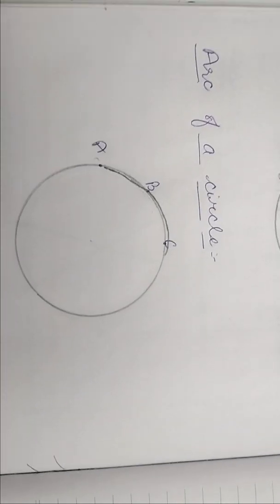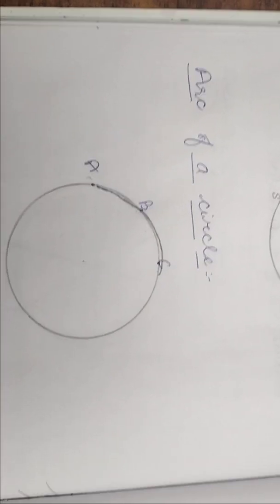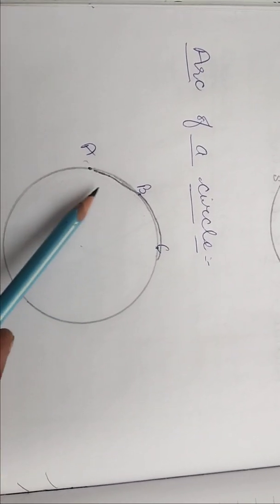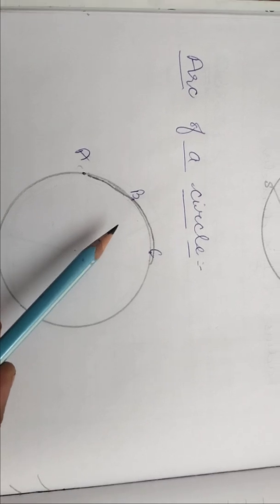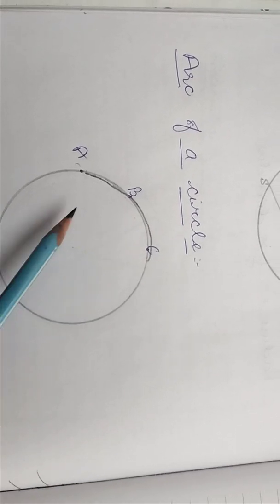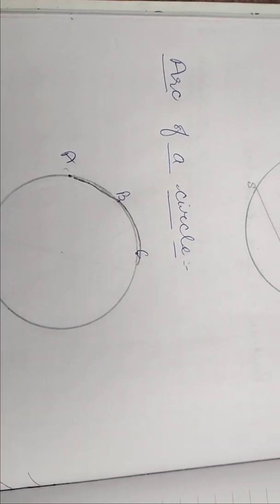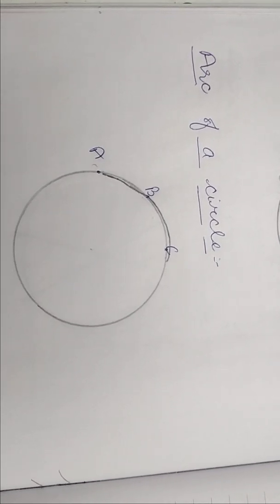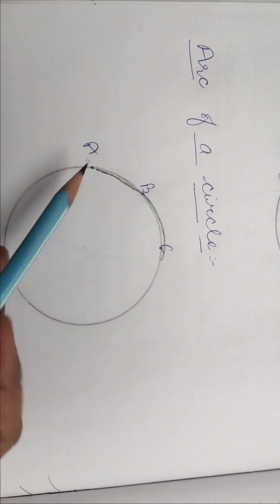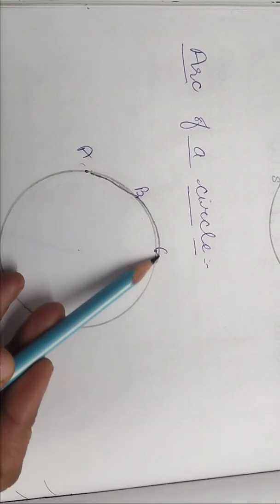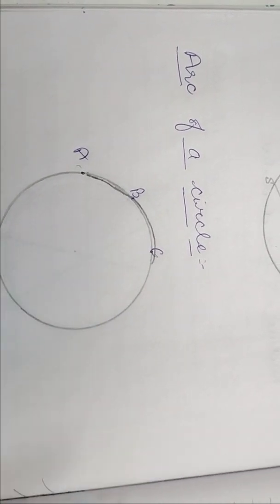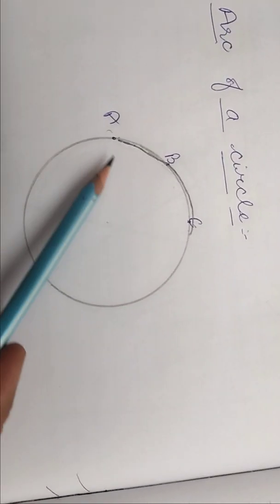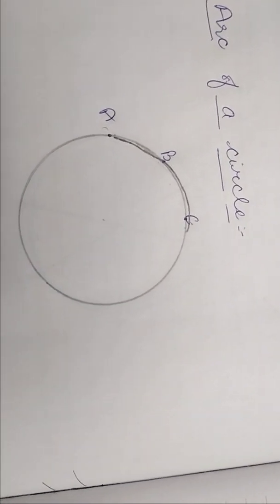Then comes arc of the circle. What is arc of the circle? Arc is a part of circle and it can be of any size. It can be of any size. Arc can be small, arc can be big. And when we name the arc of a circle, we write two endpoints and then any point between them, and here it is arc ABC.